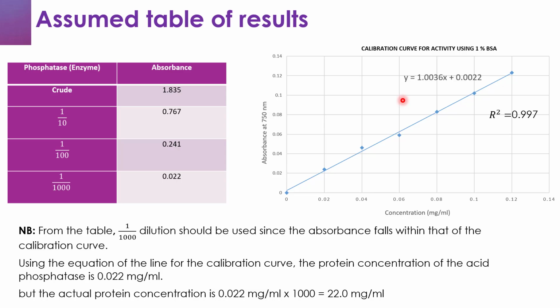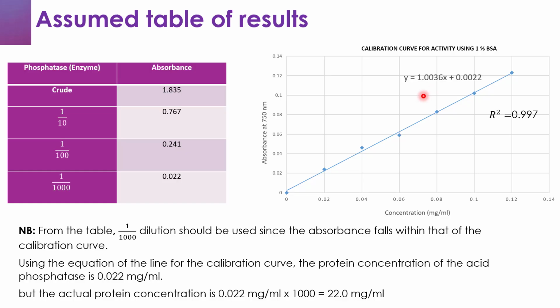So if we look at this, we have the equation of the line given as y equals 1.0036 s plus 0.0022, with our r square value being 0.997.